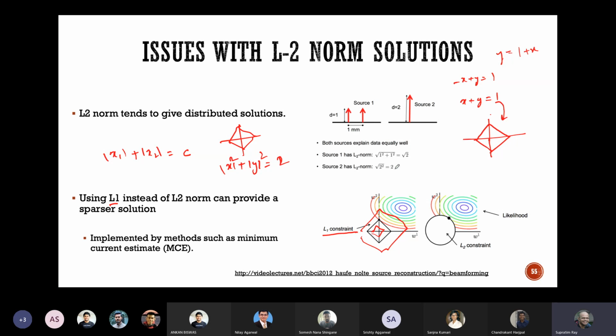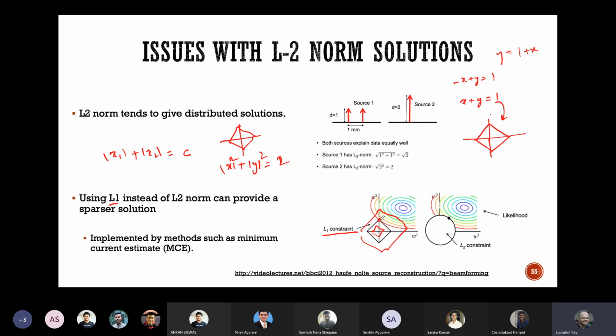Okay, and suppose the likelihood is given by this. This is the likelihood that W1 and W2 are taking some value. So this is like a contour plot. And the solution lies where this contour plot and this constraint intersect. So if you have a diamond-like shape, you will always intersect at a point like this, in which one of these axes is actually 0.